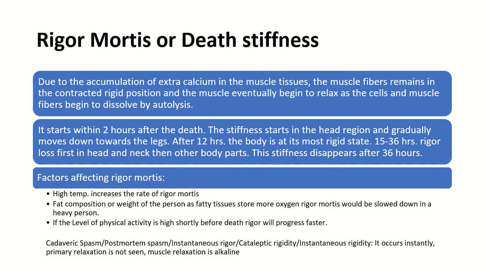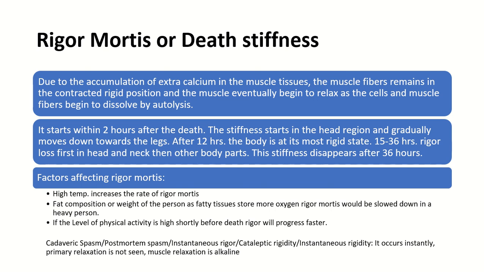Cadaveric spasm, also called post-mortem spasm, instantaneous rigor, cataleptic rigidity or instantaneous rigidity. It occurs when the cells are functioning very rapidly just before death. As in the case of drowning, if the person is holding on to some grass or some stone, the fingers become stiff.